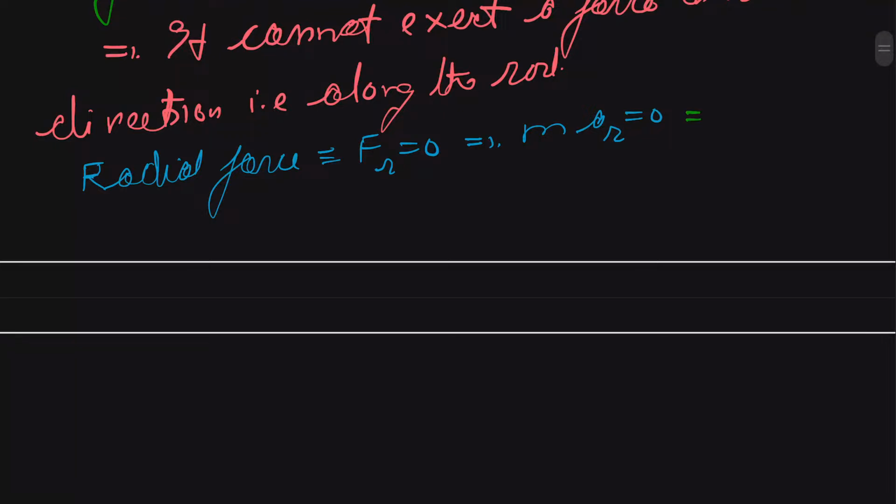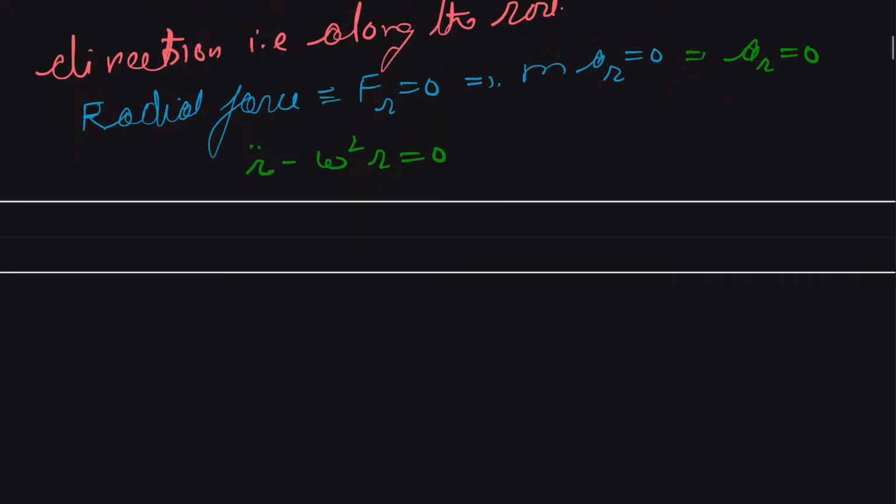So from here we can say that ar will be equal to 0, and therefore we can write that r double dot minus omega square r is equal to 0. Now this is a linear equation, or we can say an ordinary differential equation, sometimes called an ODE.